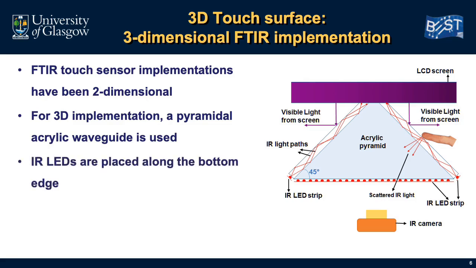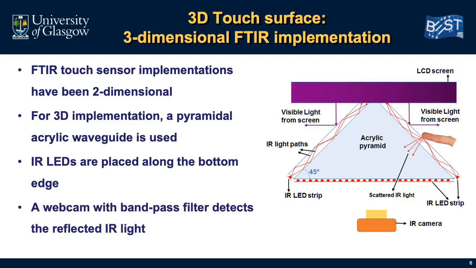Acrylic is one of the most suitable materials for this application, as it has high light transmission and no infrared absorption. To detect the infrared light, we are using a webcam, which was modified by adding a bandpass filter in the lens to filter out visible light.